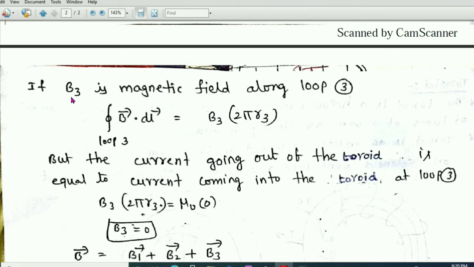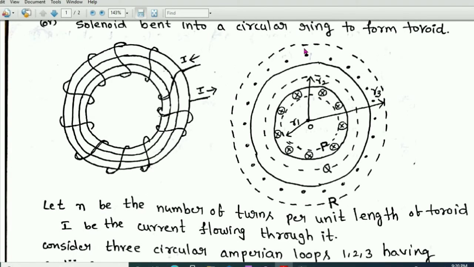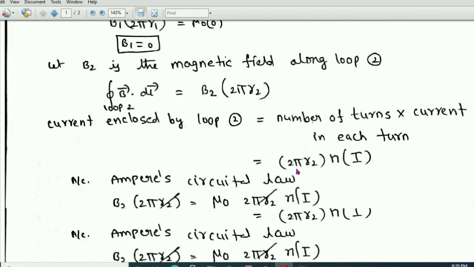Now let B3 be the magnetic field along loop 3. Loop 3 is this outer loop in the outer free space. At a point R along loop 3, the magnetic field is B3.